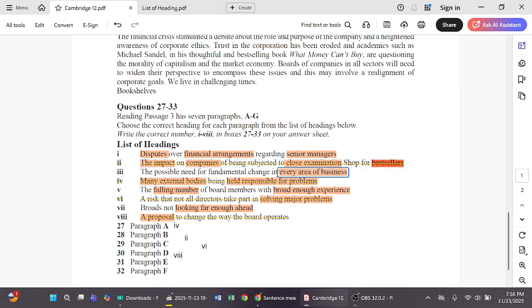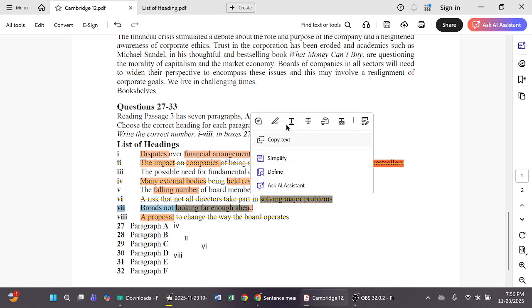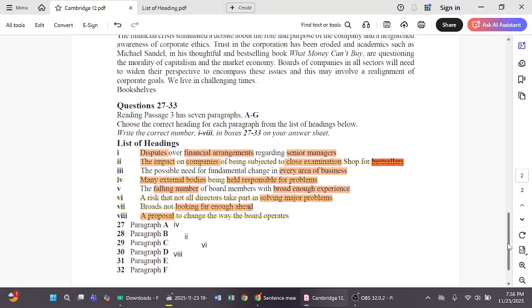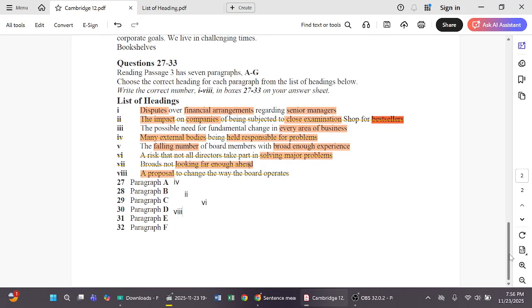The possible need for, no, they don't say anything regarding these falling numbers either, rather boards not looking far enough ahead. That is the answer, so we have to cut it down so that we are not mixing up everything or rushing up with another answer.